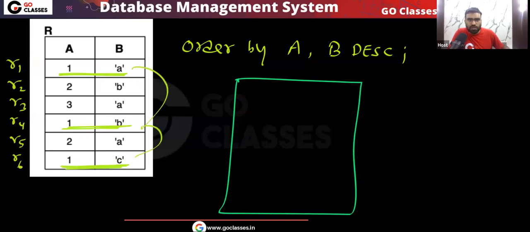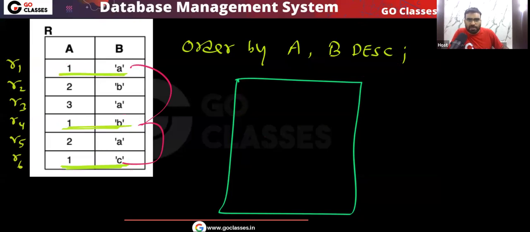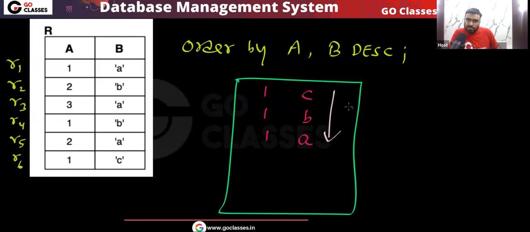Among these tuples, A is ascending by default. When the A value is the same, then B descending. So the answer will be 1C, 1B, 1A. And this is a must. Yes or no?